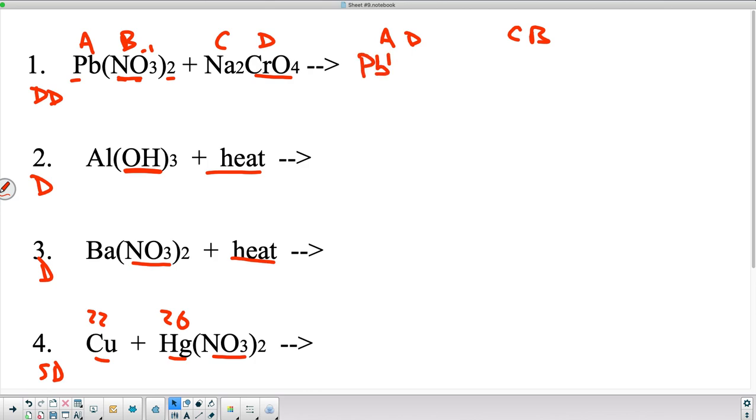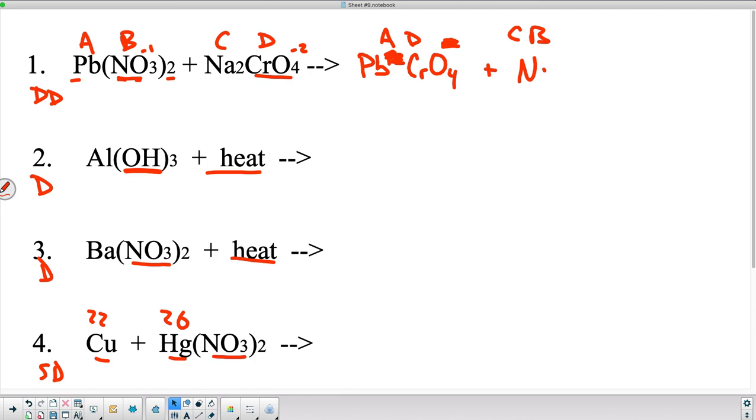I have to go back to symbols and charges. The D is CrO4. If you know anything about chromate, you know that that's a minus 2. So CrO4 with a minus 2 like this, I crisscross, and because it's a plus 2 and a minus 2, I don't have to change anything. PbCrO4 is fine.